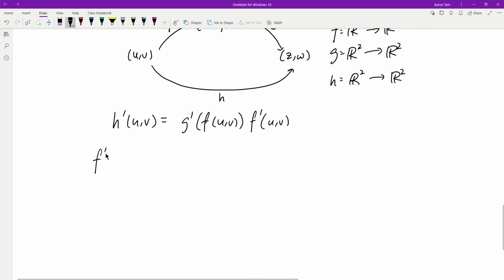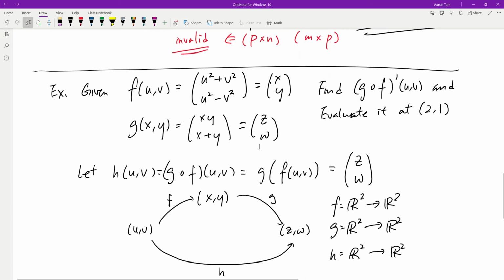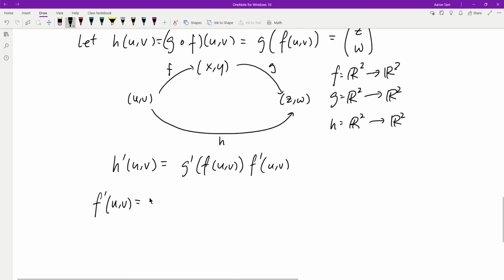Let's start with the easy one. What is f prime of uv? If I'm looking at this correctly, f is u squared plus v squared and u squared minus v squared. So f prime of uv is a 2 by 2 derivative matrix: 2u, 2v, 2u, negative 2v.